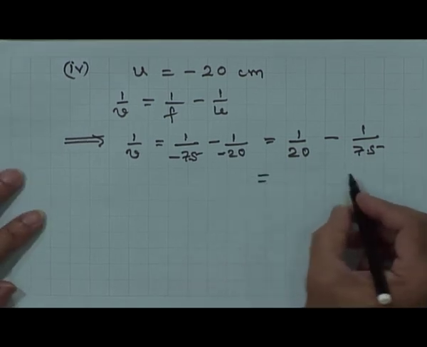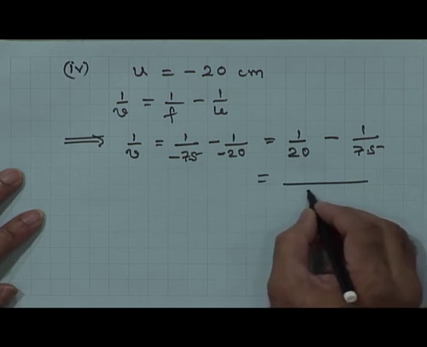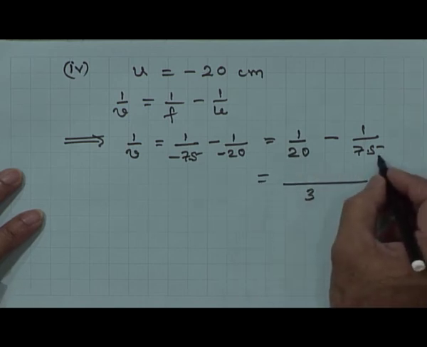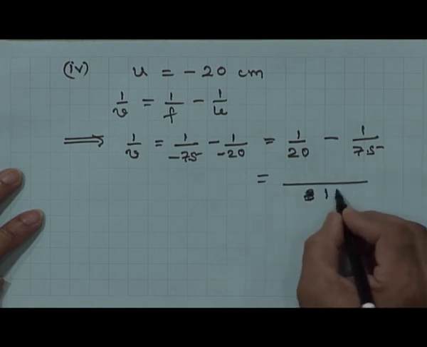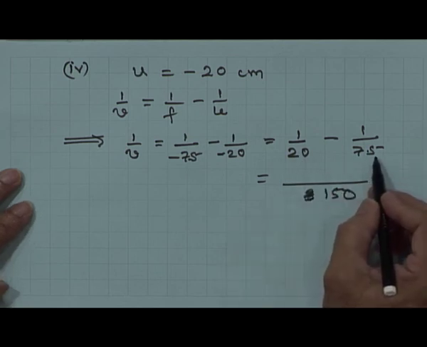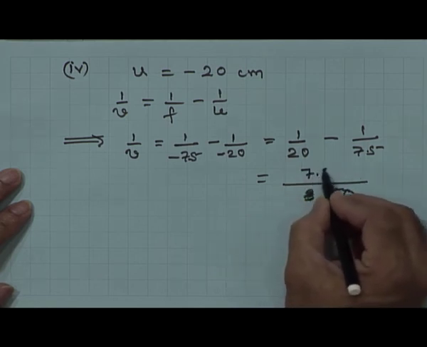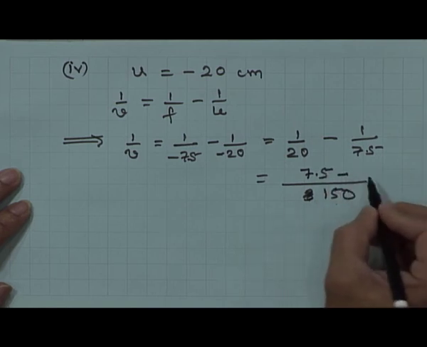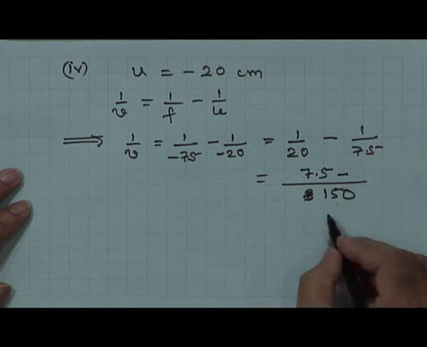So, that is equal to 20 into 7.5, which is nothing but 150. 20 goes 7.5 times in this, and 7.5 goes 20 times in this.